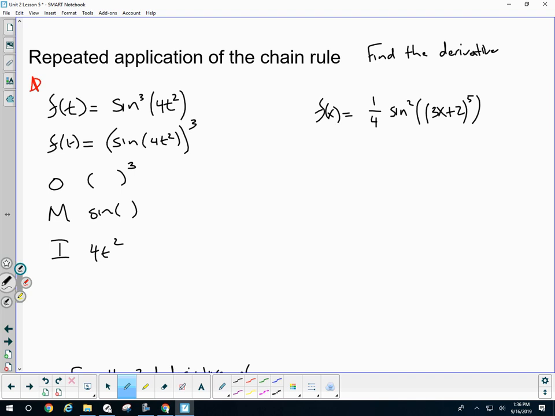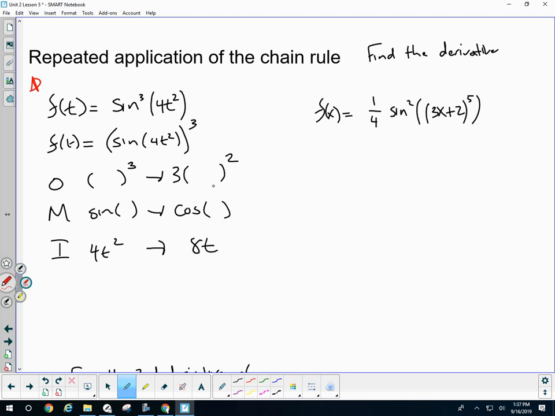The chain rule still is the same. We take the product of our composed functions. So I'm going to write out all the derivatives. 3 stuff squared. Cosine stuff. 8t.